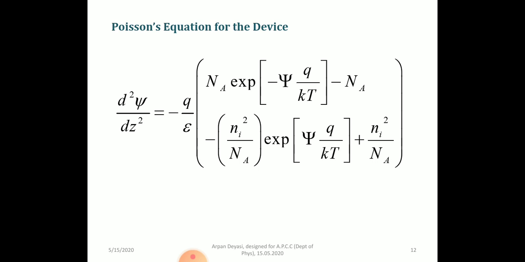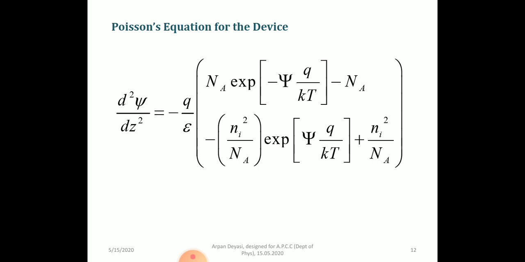So that's my reformulated Poisson's equation. Please try to understand this equation very clearly. This is my reformulated Poisson's equation after calculating the charge variation of p(z) and n(z) and also the effective doped carrier concentration, N_d(z) minus N_a(z).